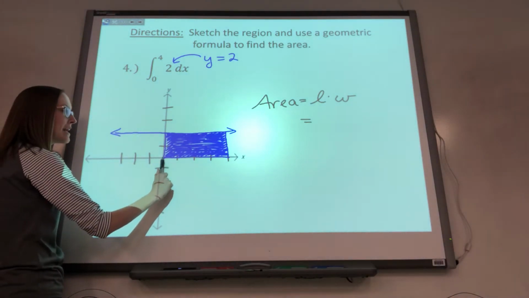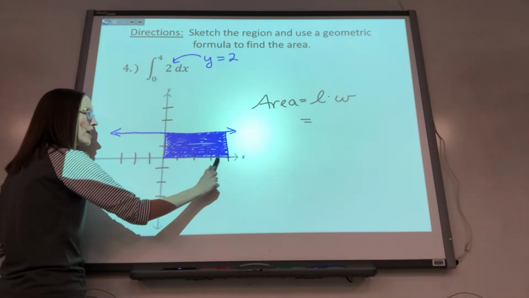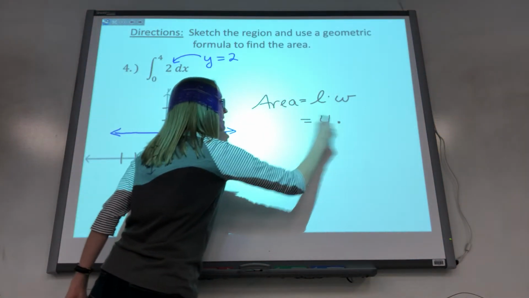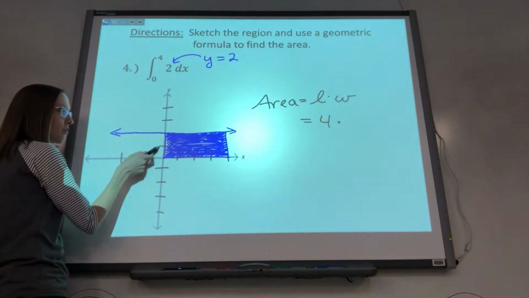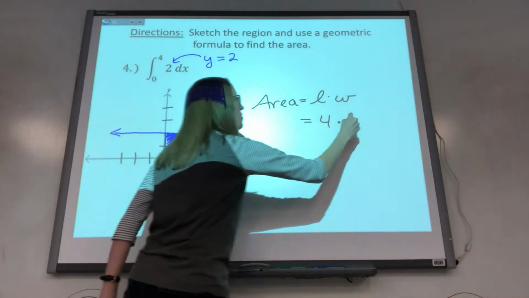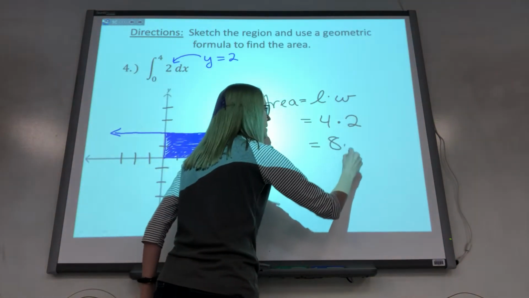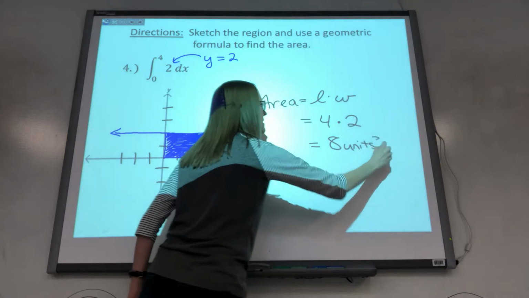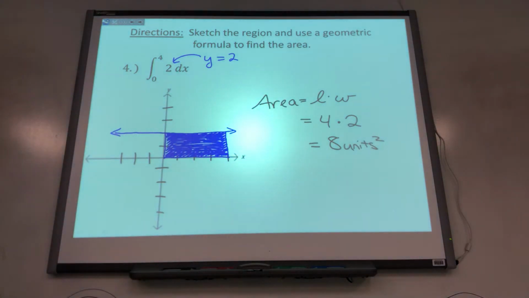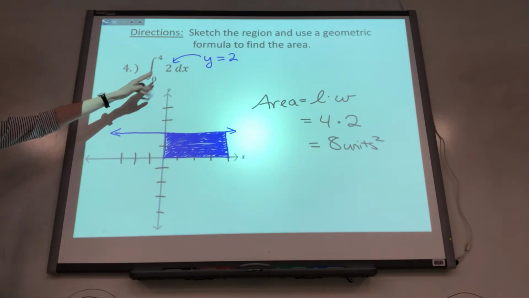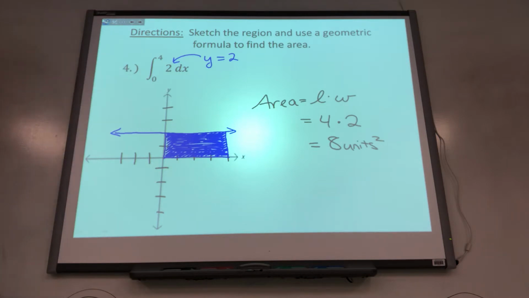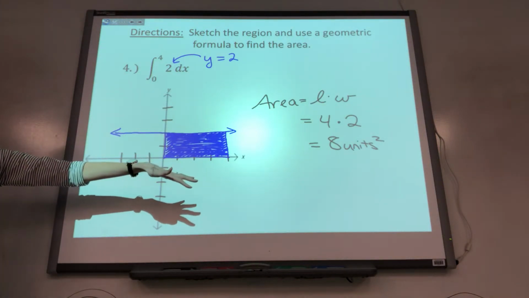I'm going to say the length is 1, 2, 3, 4 units, and the width, right here, you went up 2. So 4 times 2 is 8. I'm going to say the area of that region is 8 units squared. You have to set it up with the function, only looking between those x values, and then you should use something easy from earlier to actually get the area.